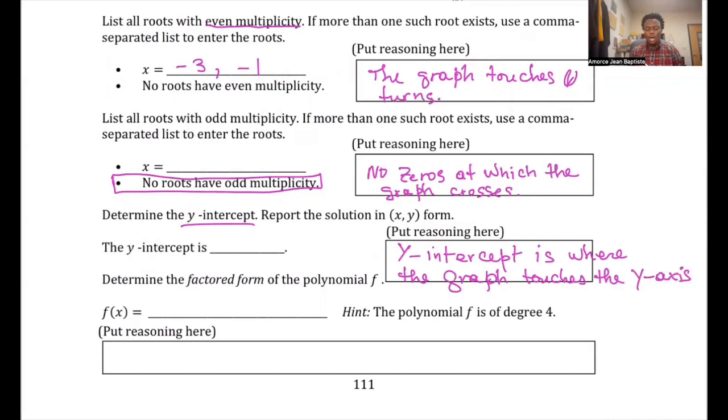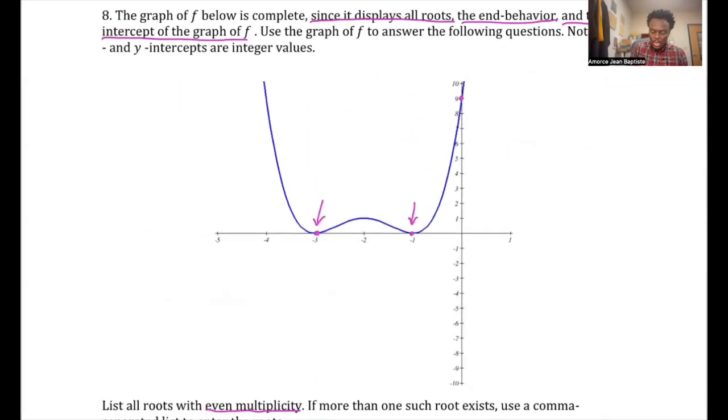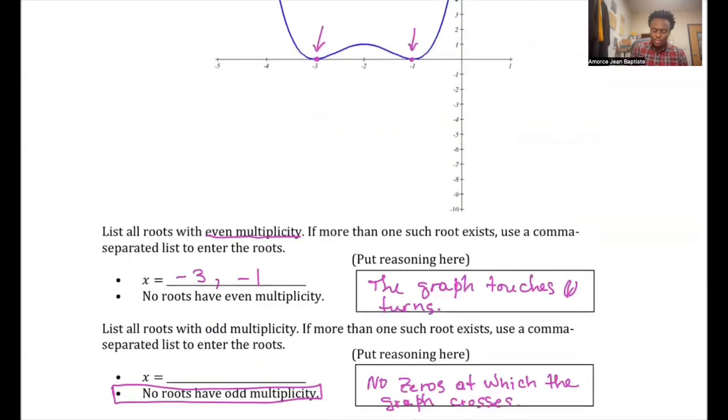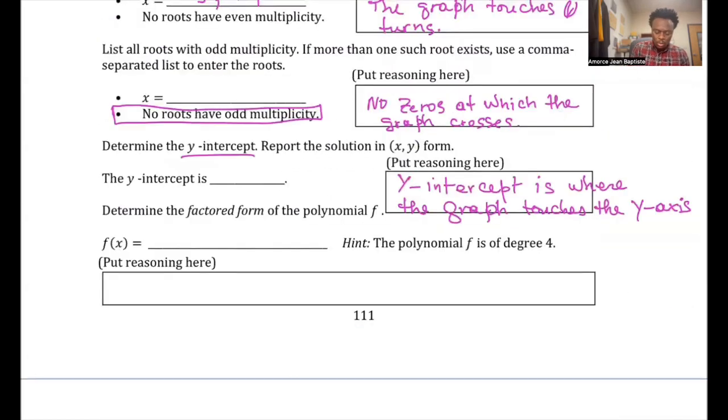As an ordered pair, we can tell that it is x equals 0 and y equals 9.